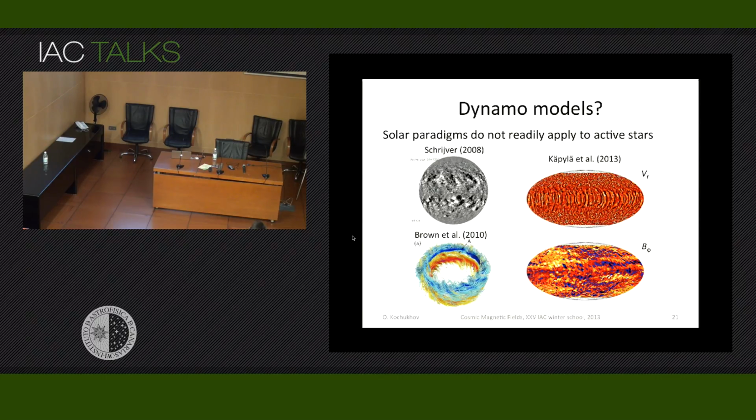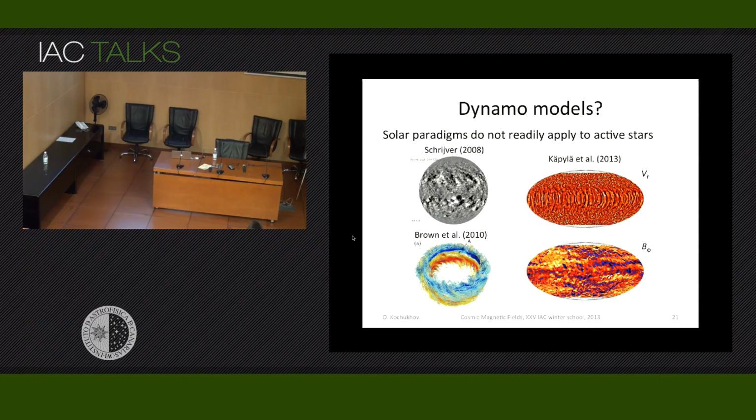And there are also simulations by a group in Helsinki, direct numerical simulations in the spherical wedge domain, so it's a kind of grid which matches the convection zone of a typical star.